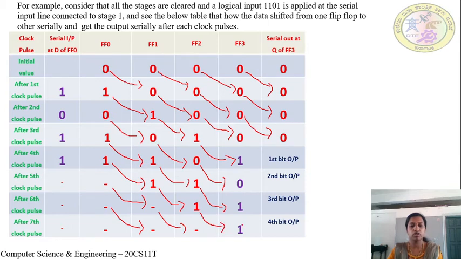Hence here we stop applying further clock pulses or shifting data from left to right. We have got all the serial bits of data, that is 1 0 1 1, as we have applied, that is 1 0 1 1, from LSB to MSB.